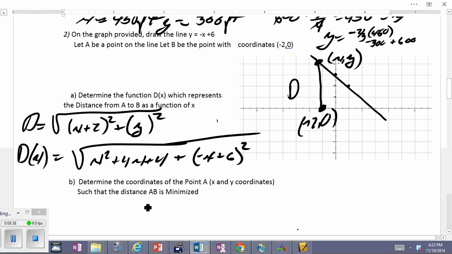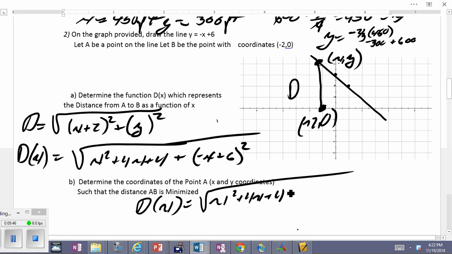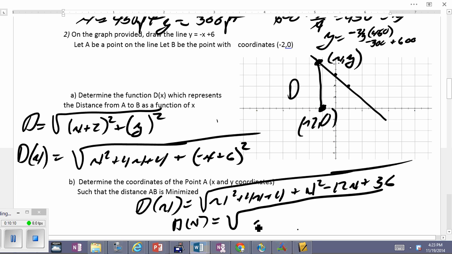So we get d of x is equal to x squared plus 4x plus 4, plus negative x plus 6 squared, which is another x squared minus 12x plus 36. Cleaning that up, d of x is equal to the square root of 2x squared, 4x minus 12x is negative 8x, and 4 plus 36 is 40.